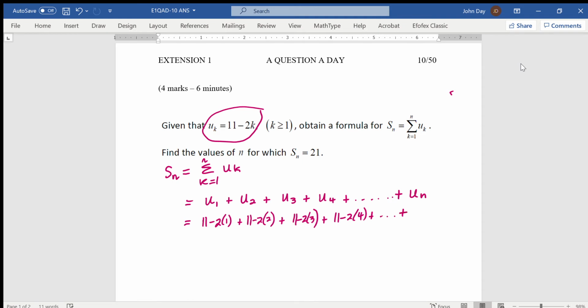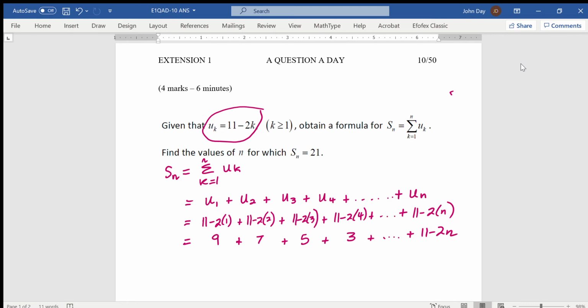And un would be 11 minus 2 times n. So we've been asked to sum up this series, and the series is 9 plus 7 plus 5 plus 3 plus whatever the last one is.